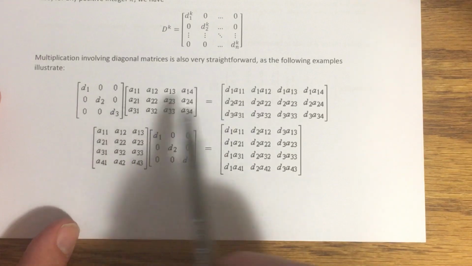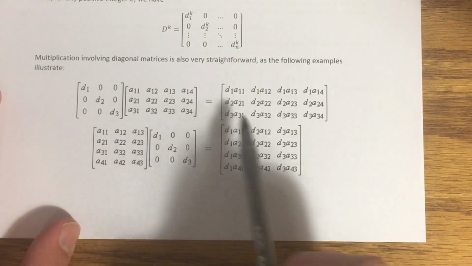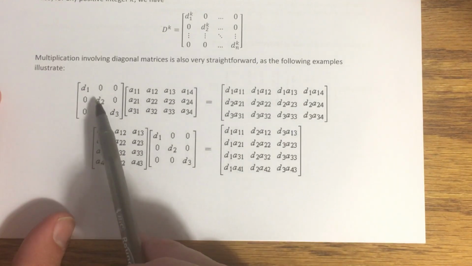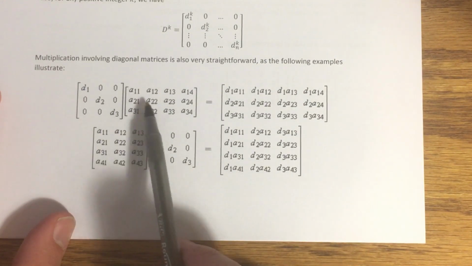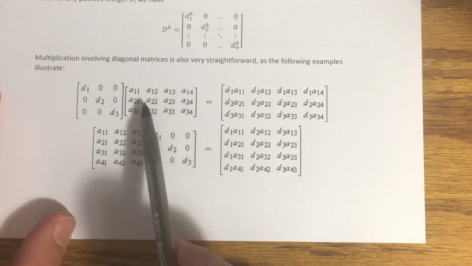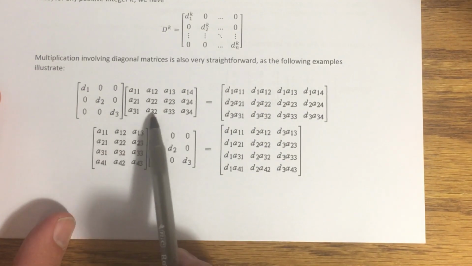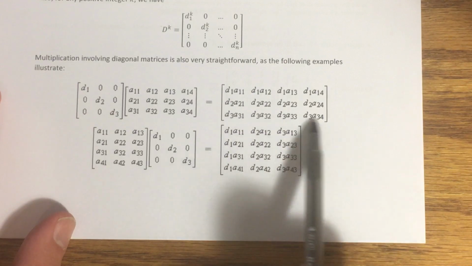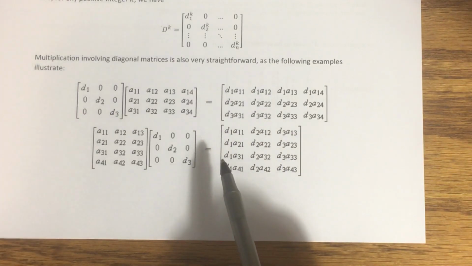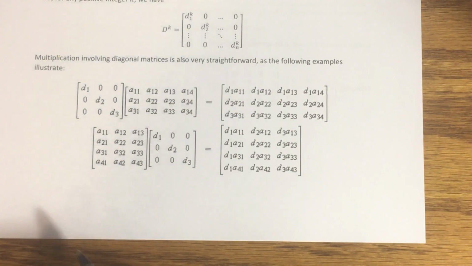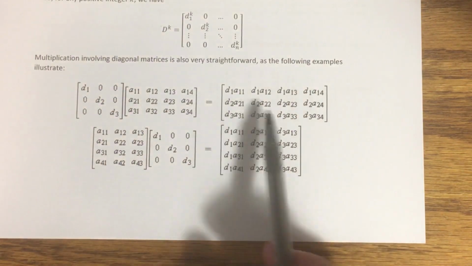Beyond that, if I want to get my second row for this product here, then I can multiply D2 by every entry in the second row of this matrix. D2 times each entry. D3 times each entry in this row gives me this row. So that's faster than having to go through the usual dot product method of finding these entries.